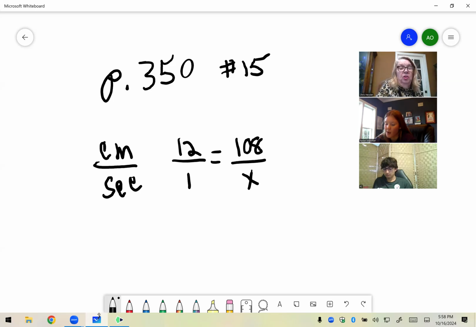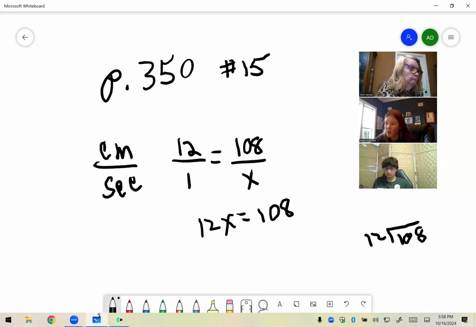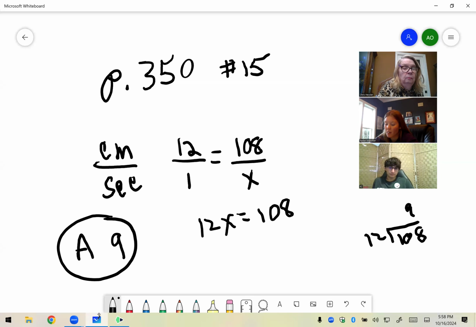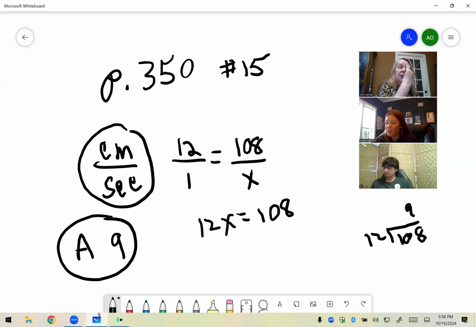Then all I have to do is cross multiply. And so I will get 9. Pretty easy, right? So this is the secret, is just to put those tags in there.